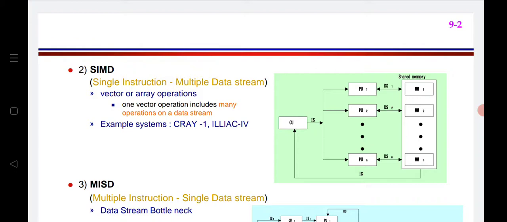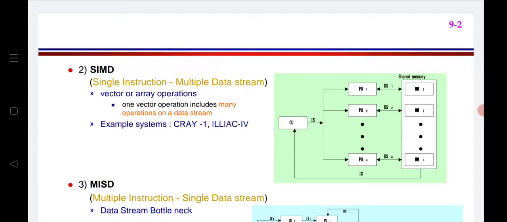I am having a control unit. Next, I am dividing into program units. I am going to have different program units, and each program unit will have a different shared memory. So I am again dividing my memory into subunits. One subunit of memory will be accessed by one particular program unit.